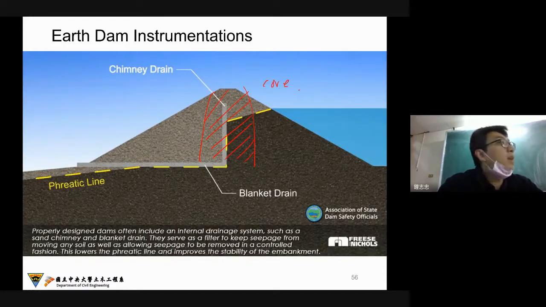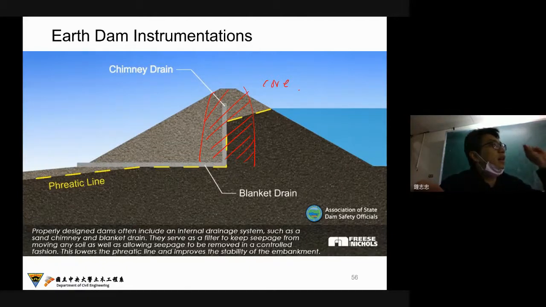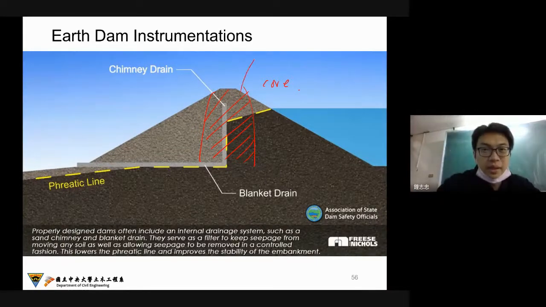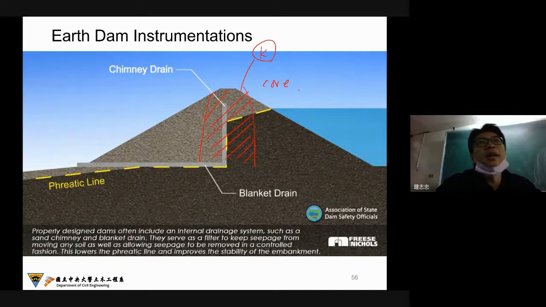Sometimes we use very fine material like clay or silt, because in geotechnics we call this the permeability, or, I don't know how to say that, hydraulic conductivity constant.